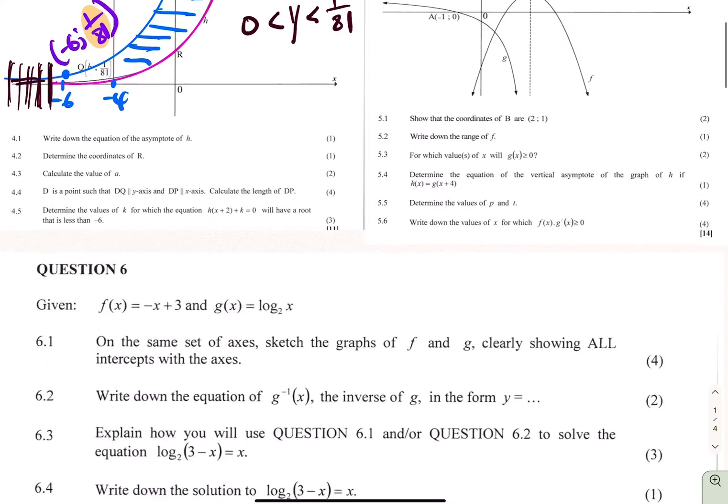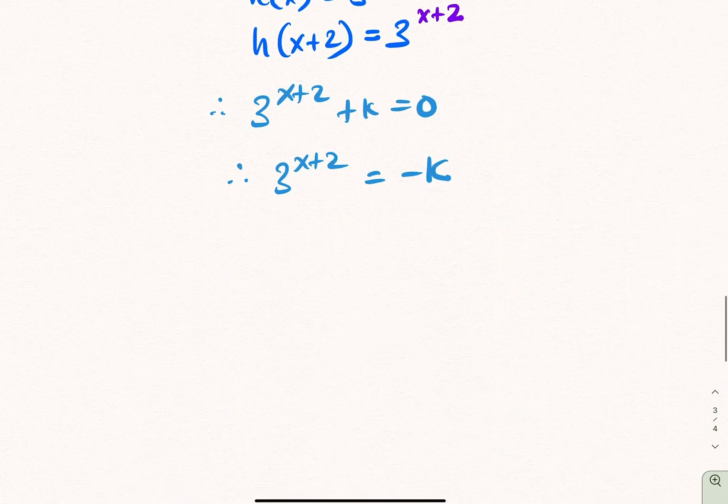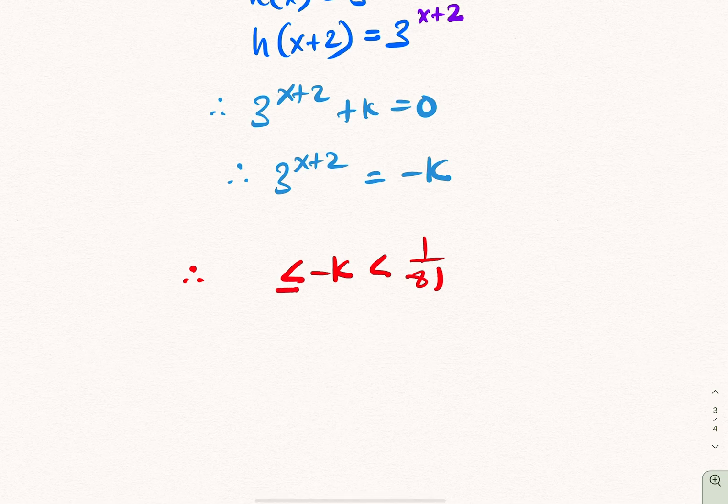As per the question, this is your y, which is -k. It's going to be less than 1/81, but bigger than 0.